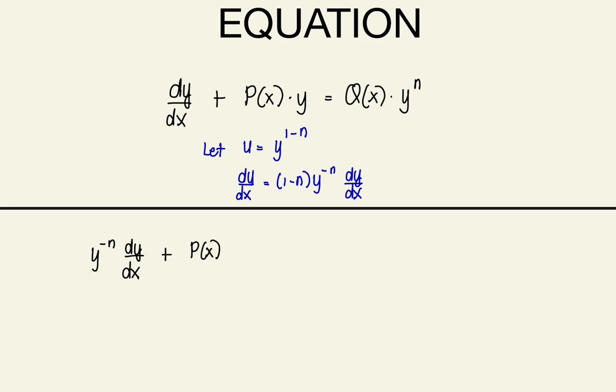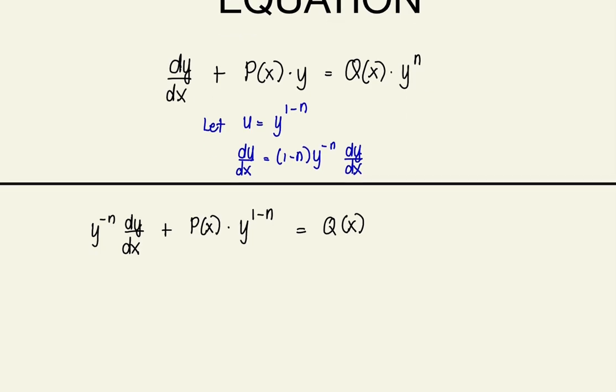If we multiply y times y^(-n), that would be y^(1-n), equals q(x), since multiplying q(x) with y^(-n)... the right side, y^n times y^(-n), is y^0, which is equal to 1. So that's equal to q(x).